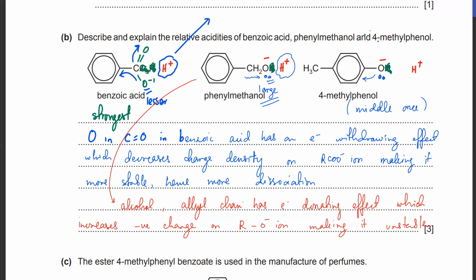So making it unstable, which is why it's going to be a weak acid, because the negative charge is large, so it will immediately attract the H+1 back again.